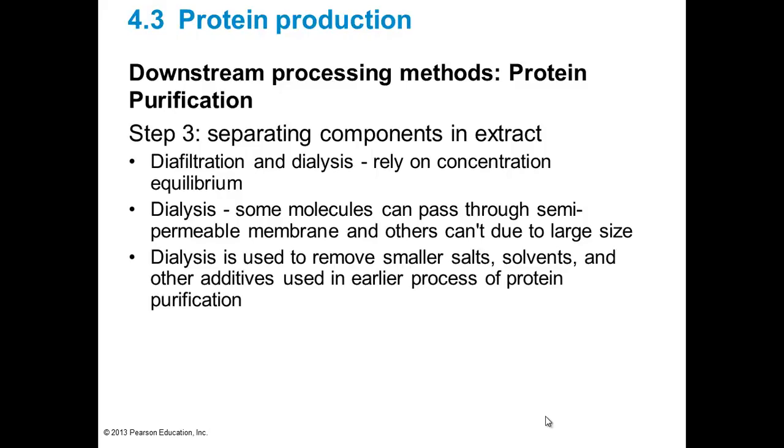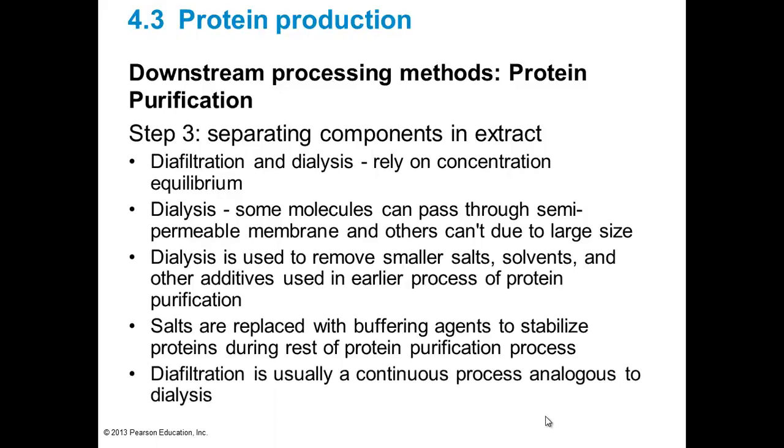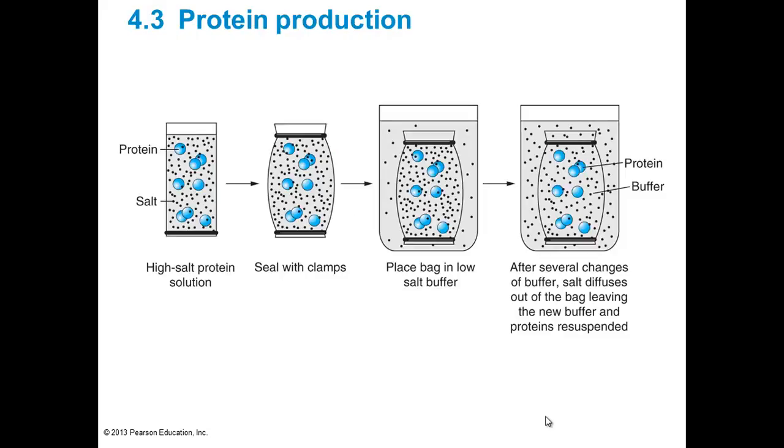This is used to remove smaller salts, solvents, and other additives. Then the salts are replaced with buffering agents that are usually safe for human use to stabilize proteins. And diafiltration is just a continuous process. It looks like dialysis, but you're continually replacing the salts that are used in purification with salts that are appropriate for use in the final product.